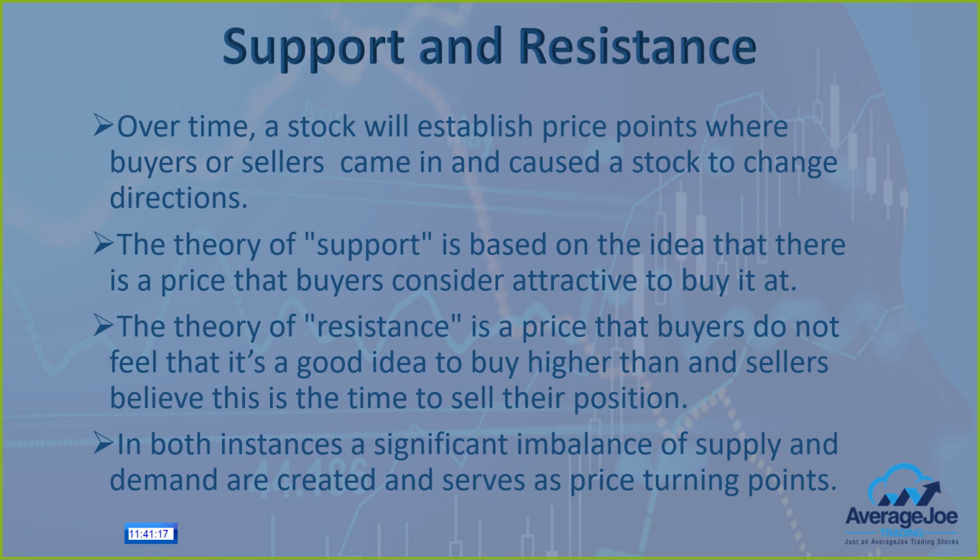based on the idea that there's a price that buyers consider attractive to buy at. And this is typically where you see the option flow or the option chain come in, where big money decides, okay, this is where the price is likely to go. This is where they're going to stack orders up. If it's a buy price, then they're going to have a bunch of calls sitting there.